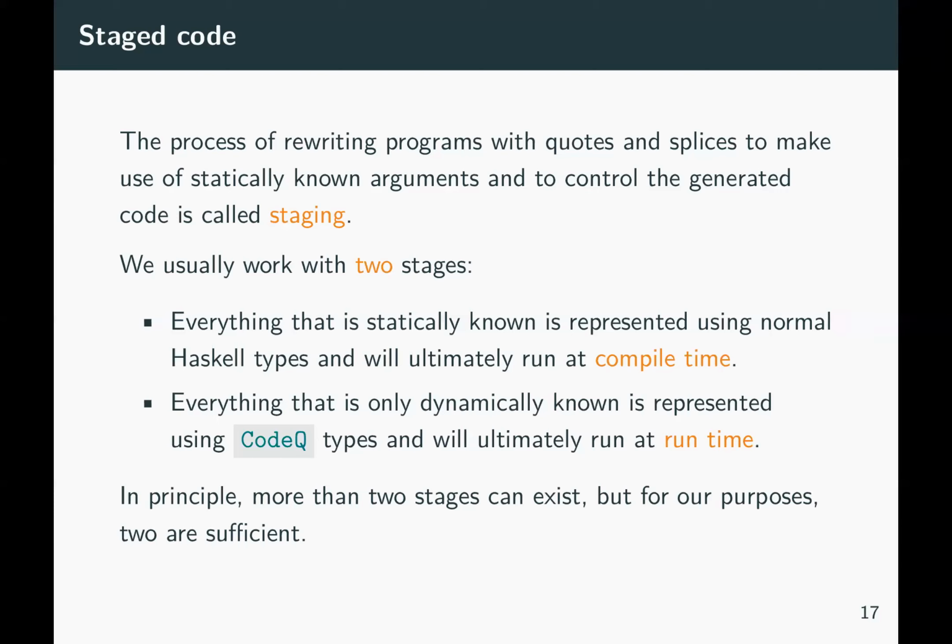And there's this concept of staging. Normally we have two stages. One stage runs at compile time, and then the second stage runs at runtime. There can also be more than two stages, but normally it's enough to think of those two.